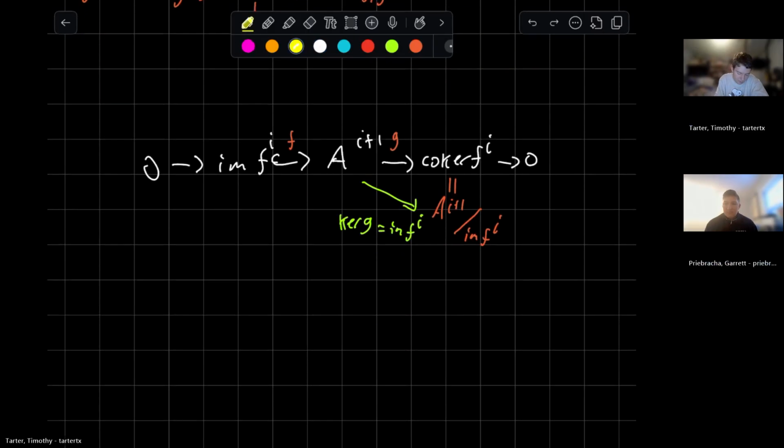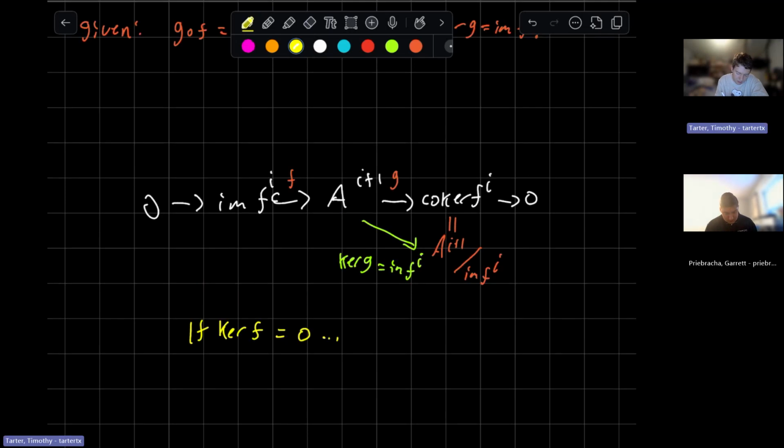If ker F equals 0, then we're done with this sequence. So how do we show that ker F is equal to 0? Well, it's all the things in the image of F_i that go to 0 in A_i, or in A_{i+1}.